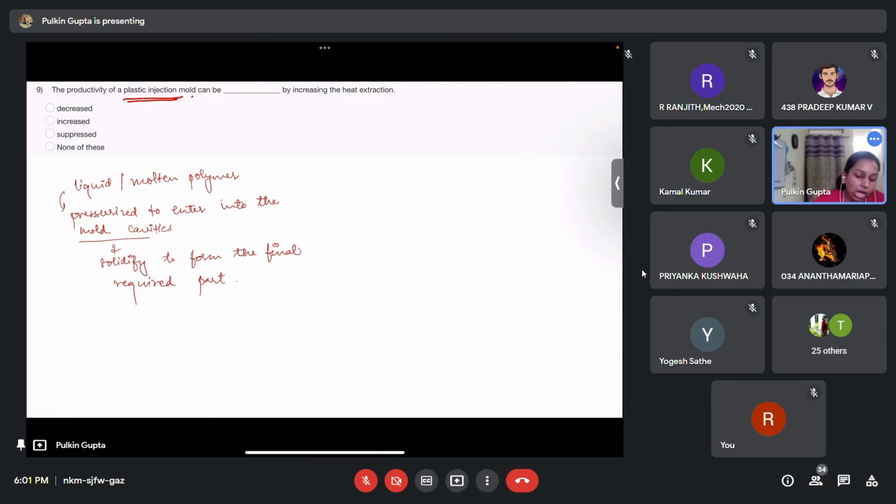So, as the solidification speed increases, its productivity can be increased. And how to increase this solidification speed? By increasing the rate of heat extraction.